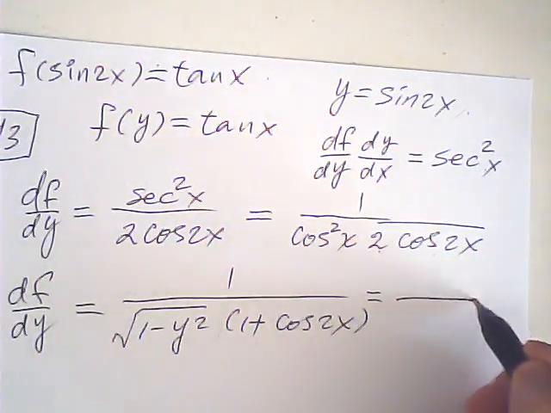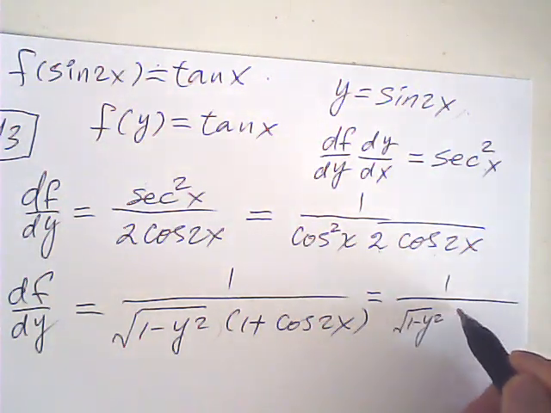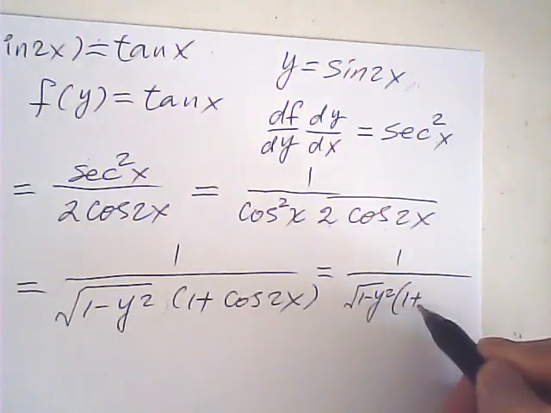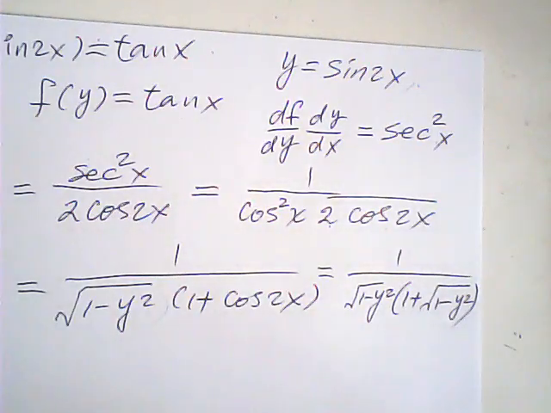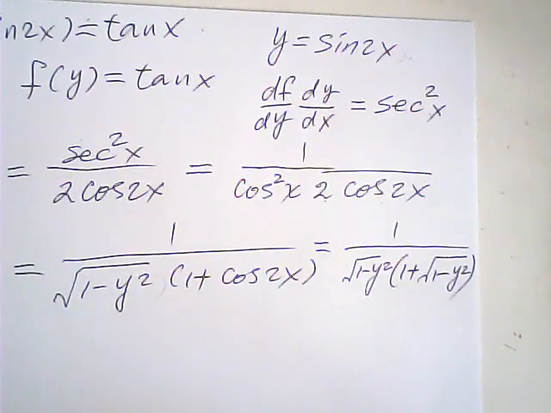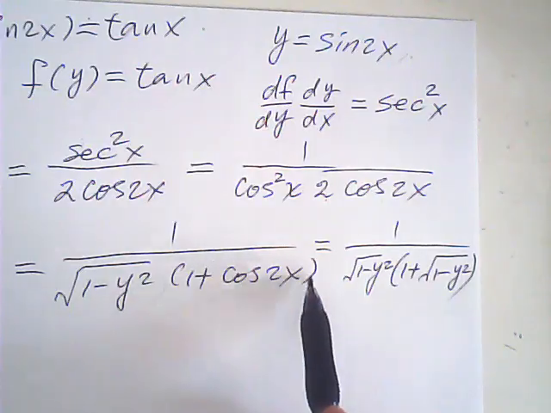So this one is equal to 1 over (1 plus square root of 1 minus y square). This is this.